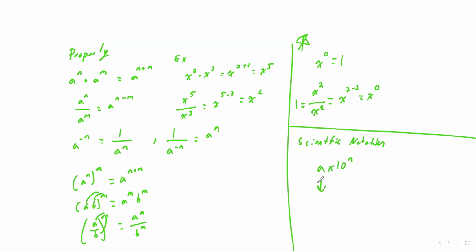A big thing to note is the absolute value of a has to be between 1 and 10. It can be 1, but it has to be less than 10. All righty. The a can be a negative, it just has to be between negative 10 and negative 1.